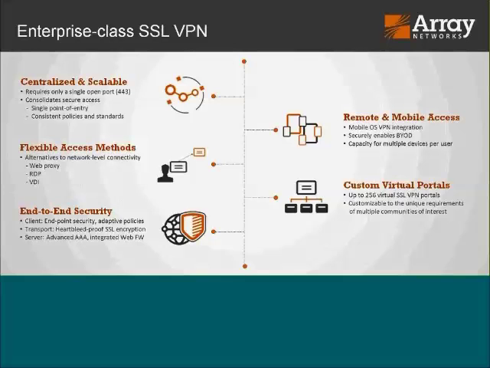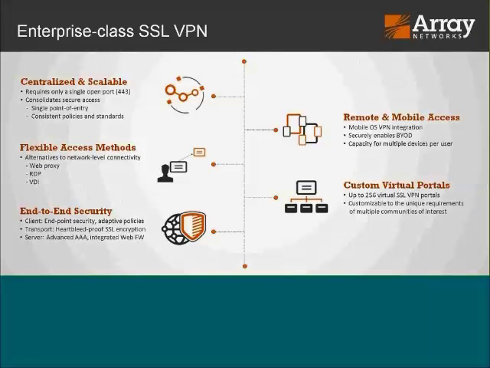That gives you consistency. Sometimes what we see is things become a little bit fragmented and you have multiple secure access platforms. This creates the opportunity for inconsistency in policies. What you want to do is have the policies consistent across everyone and hold everybody to the same standard.